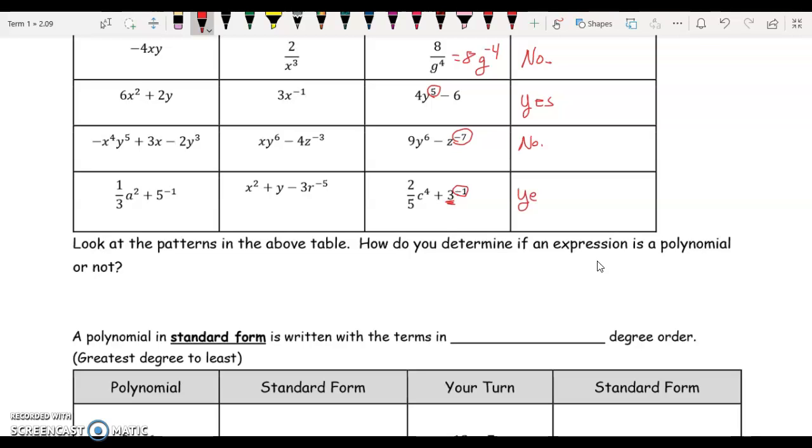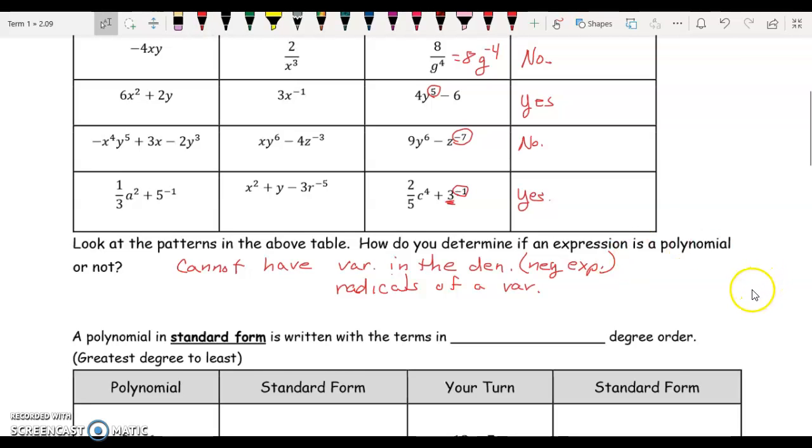So this one is actually a polynomial, because the things I cannot have are variables in the denominator, which means a negative exponent, and I cannot have the square root, radicals, of a variable. Those disqualify those expressions from being polynomials.